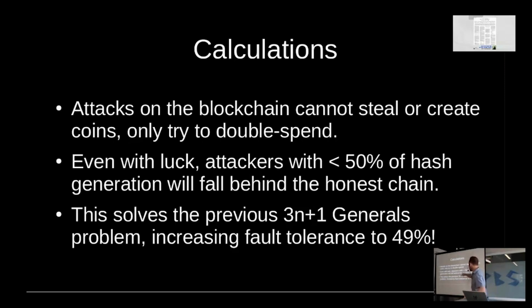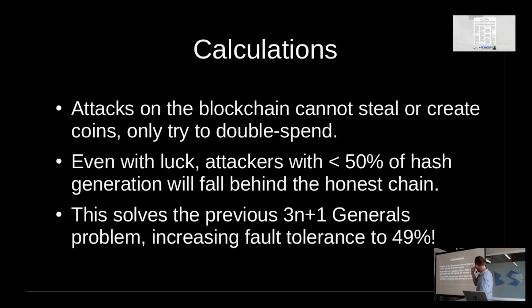You just will not be able to keep up with the distribution of the randomness in doing this hash function. Over time, even if you get a lucky start, because random is truly random, you might get 6 heads in a row. But over time, if you have less than 50% of the hash power, you will always fall behind.